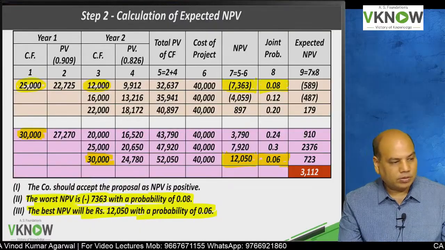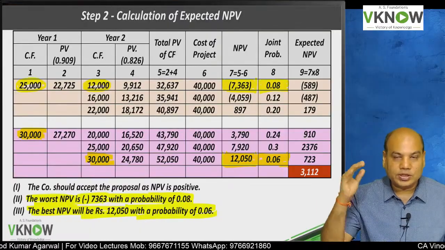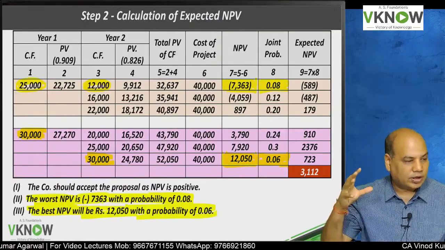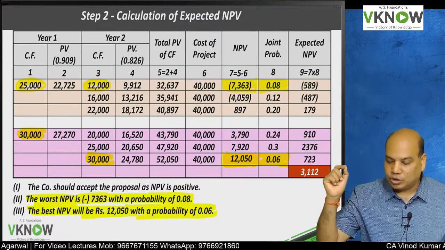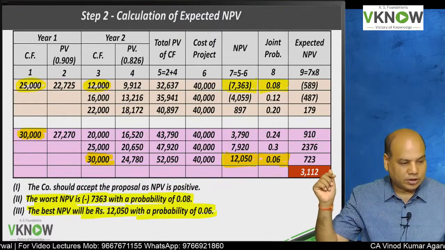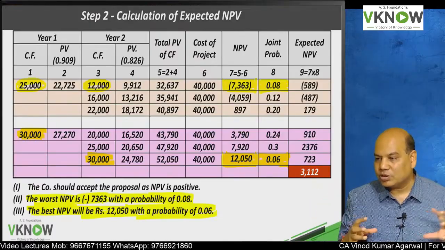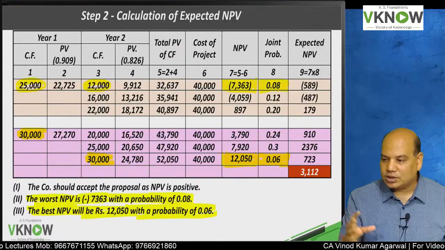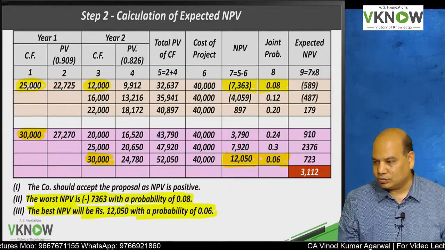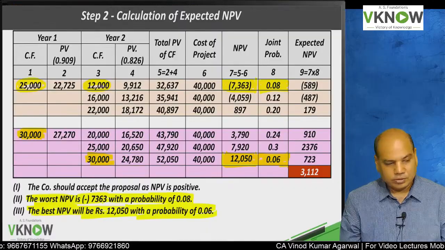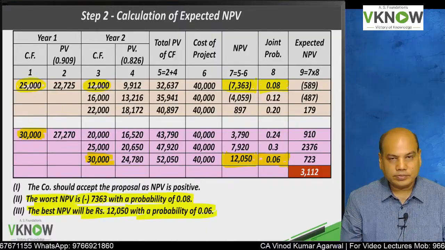That means you will go to sixth number path. What is the chance? The chance is only 0.06, 6% only. There is only 6% chance that you will have best cash flow in year 1 and best cash flow in the year 2. So this is my answer for this wonderful question.